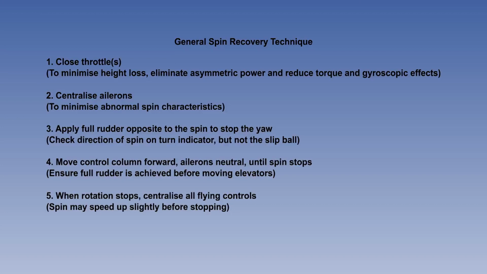As soon as rotation stops, centralize all controls, particularly the rudder, as if full rudder to oppose the spin is held, the aircraft may enter a spin in the other direction. With some aircraft, the spin may speed up slightly before stopping.